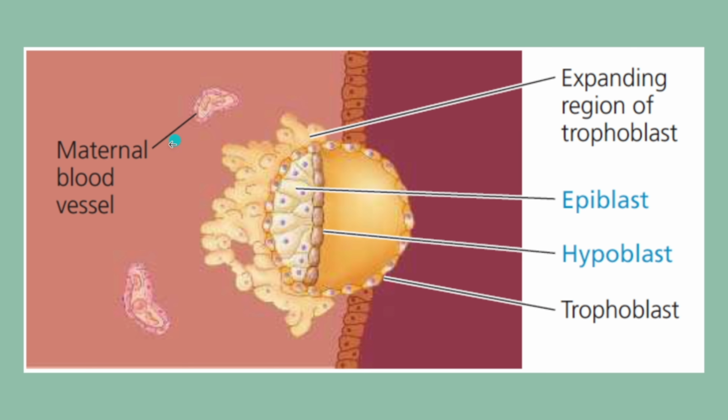And how about the trophoblast? Once they have captured the capillaries, the trophoblast continues expanding into the endometrium and forms four new membranes we call extra-embryonic membranes. So what are they?